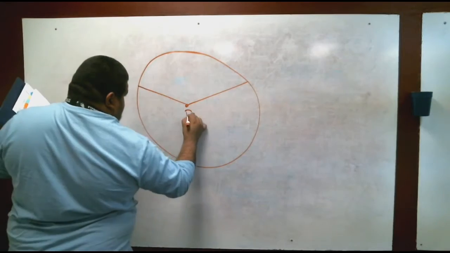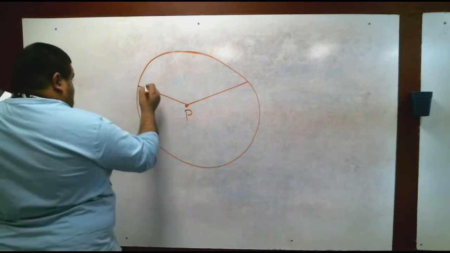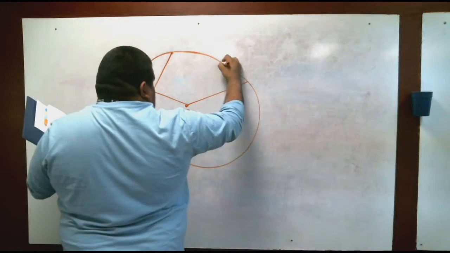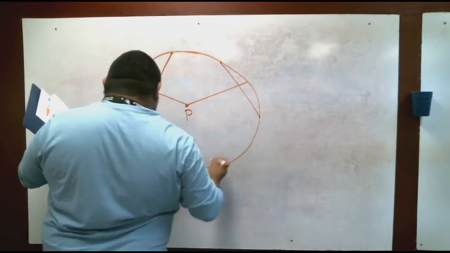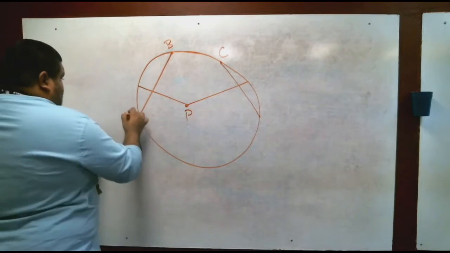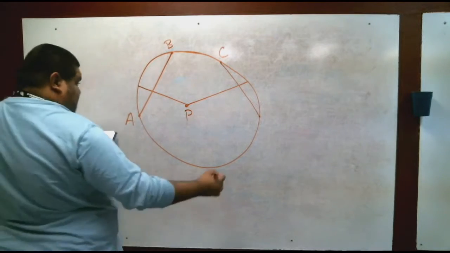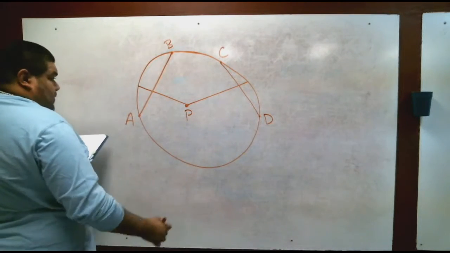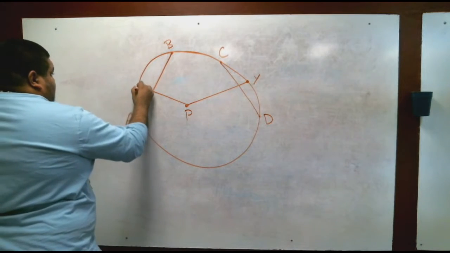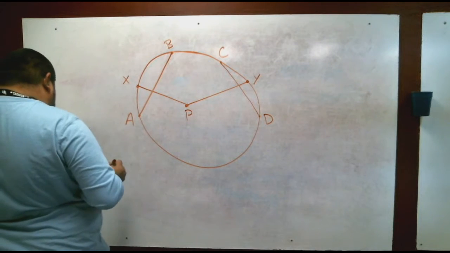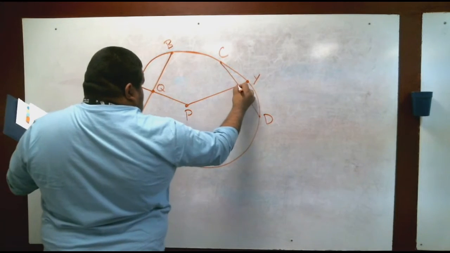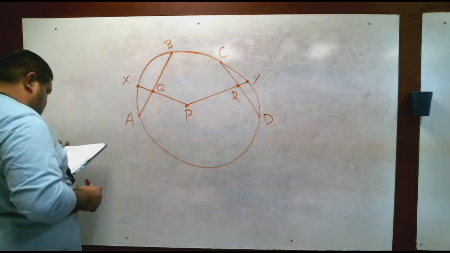We have circle P. We have two chords. We have B, C, A. We have D. We have Y. And then we have X, Q, R, okay?